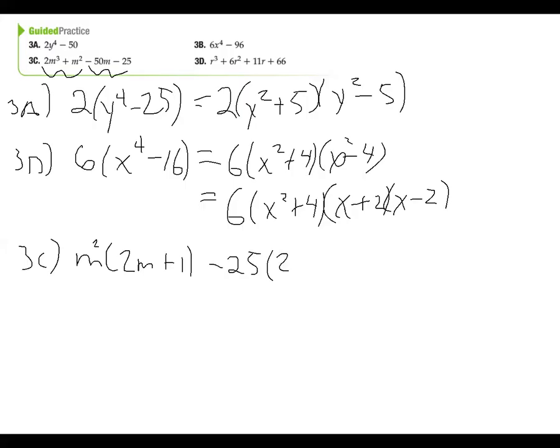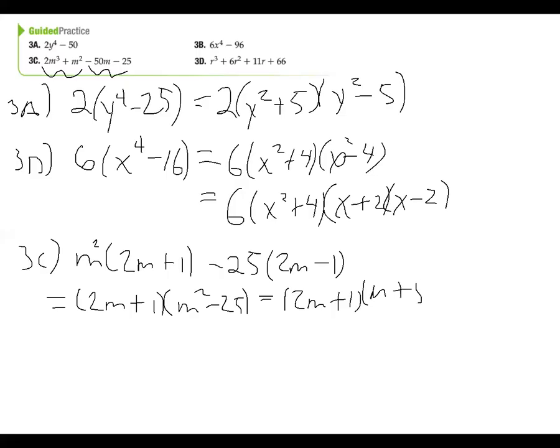You have 2m minus 1. So this would become 2m plus 1 times m squared minus 25. And the m squared minus 25 is also a difference of squares, so keep the 2m plus 1, and you have m plus 5 times m minus 5.